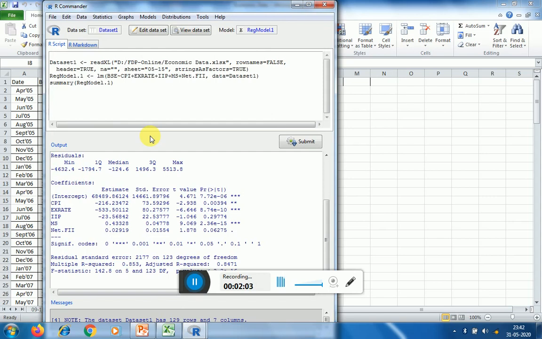So this is the output we have obtained for multiple regression analysis.